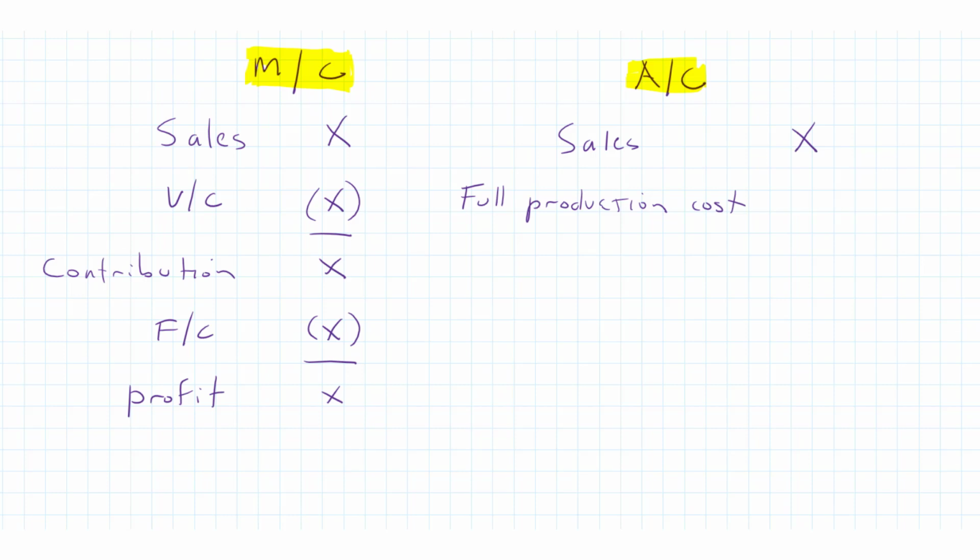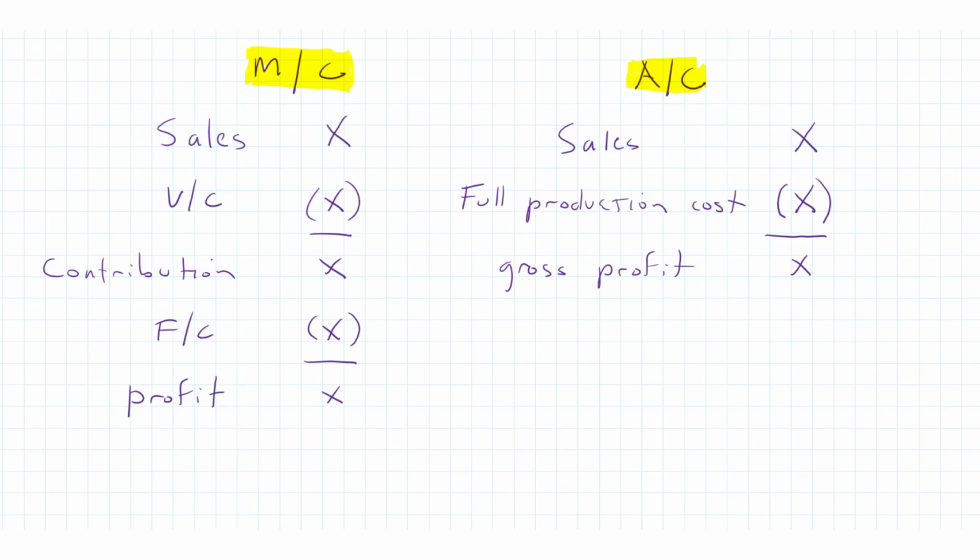That will be fixed and variable costs because we are assigning our fixed production costs to the units that we produce and sell. The difference between those lines would be called gross profit. And this helps us understand the performance of our products. Are we selling our products for more than it costs us to produce them?